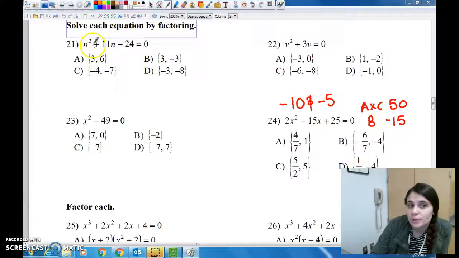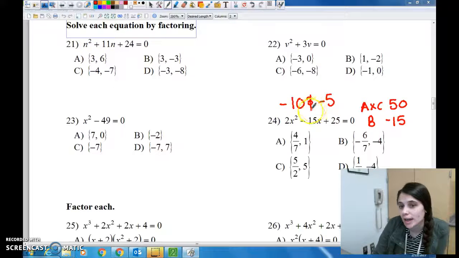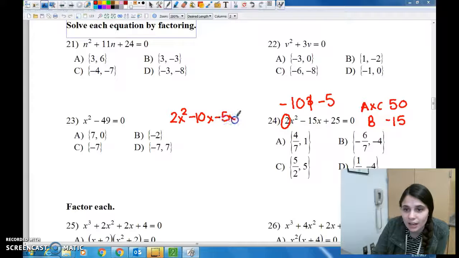So if I were doing one where A is equal to 1, then I could just say x minus 10 and x minus 5. Unfortunately, A is not equal to 1. A is equal to 2. So I'm going to use these two numbers to replace my middle term, like so. So I have 2x squared, and then instead of minus 15x, I have minus 10x minus 5x plus 25.